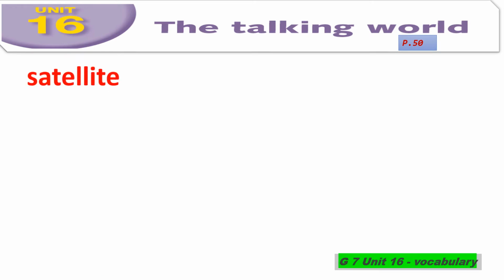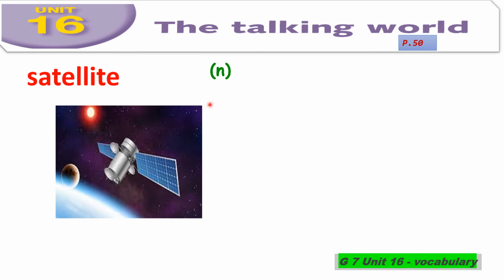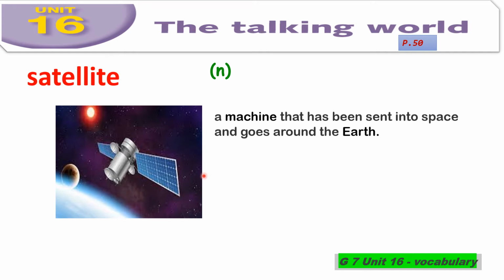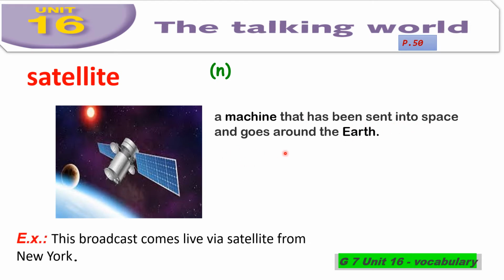The next word is satellite. Satellite is a noun. Look at this very big thing in the sky. It is an example of a satellite. Satellite is a machine that has been sent into space and goes around the Earth. An example is, this broadcast comes live via satellite from New York.